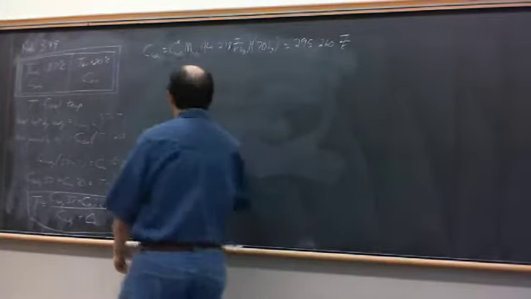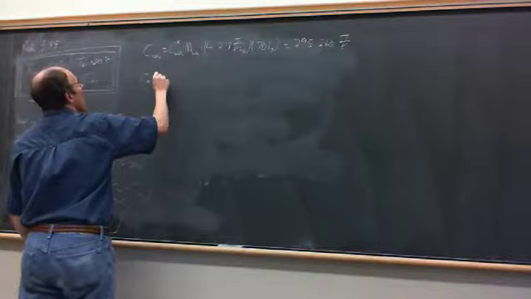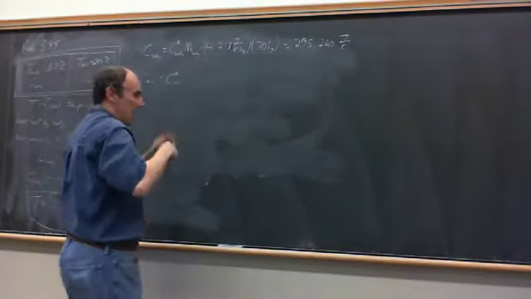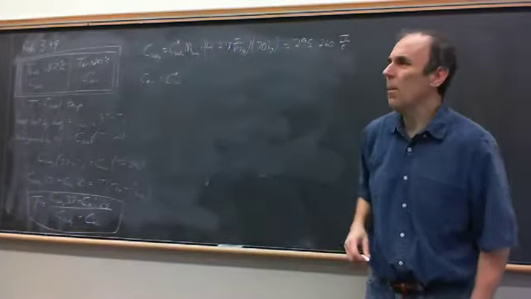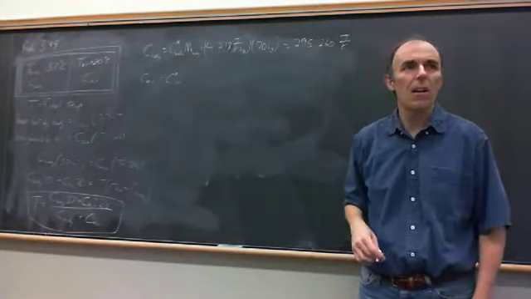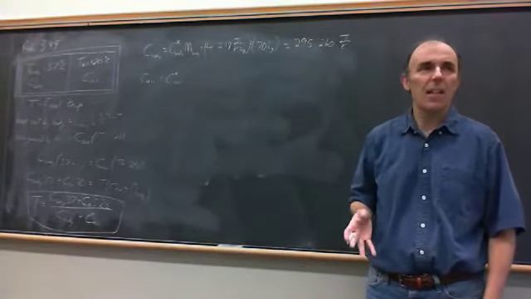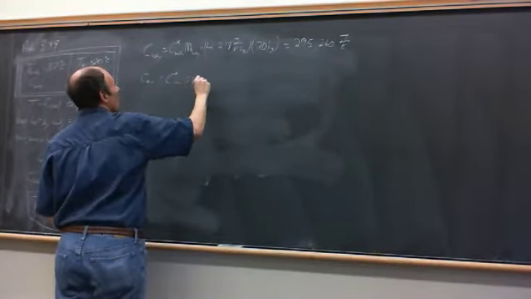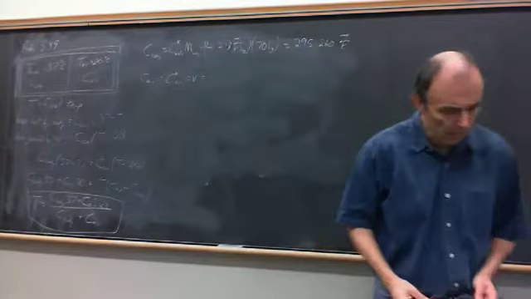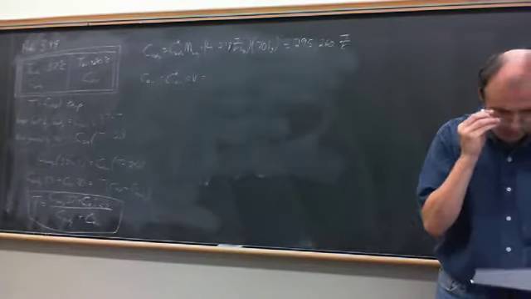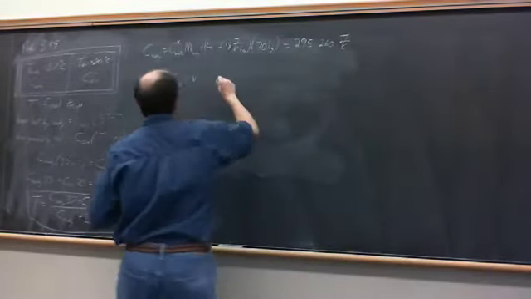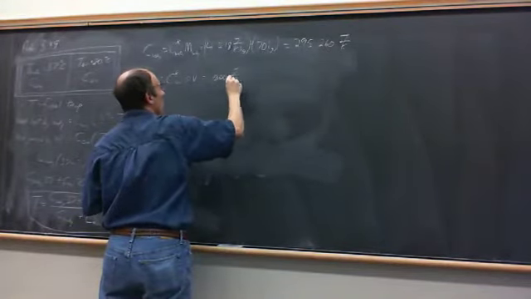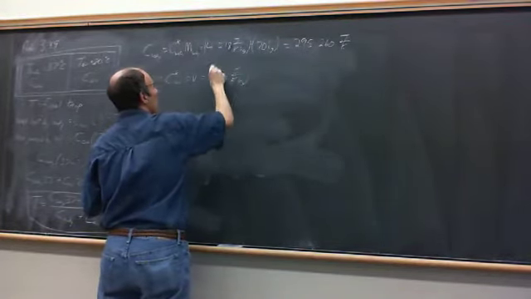Let's do the air. That's C star for air times the mass of the air. How am I going to get the mass of the air? I can take the density of the air times the volume of the air. This is a little more complicated. We know the specific heat capacity is 1,000 joules per Kelvin kilogram.